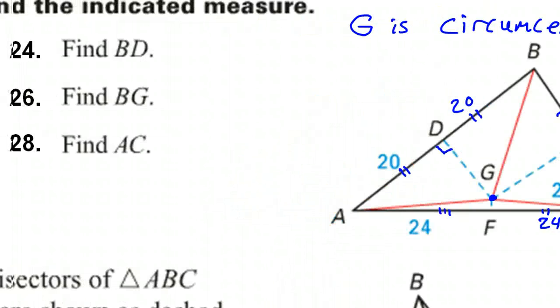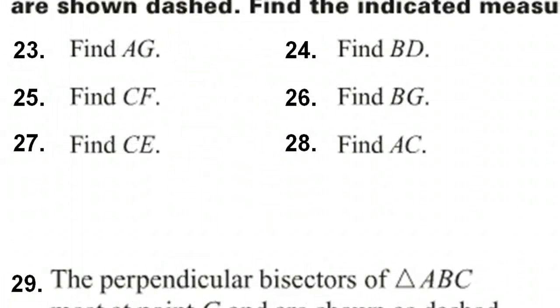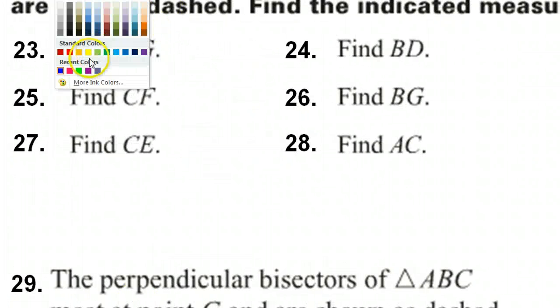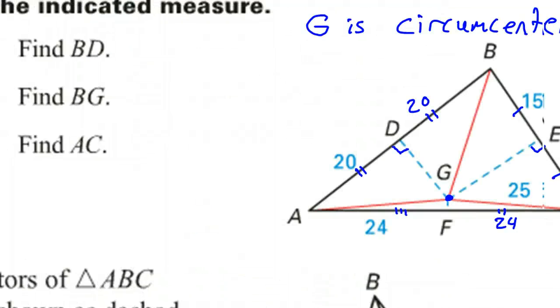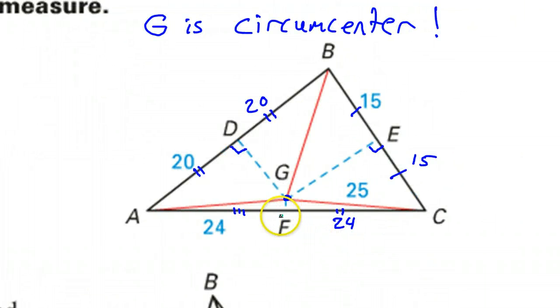So let's see what they're actually asking us for. Find AG. AG is one of these three red lines, from A to G. If you look closely, we are given one of these three red lines, one of the distances to one of the vertices.